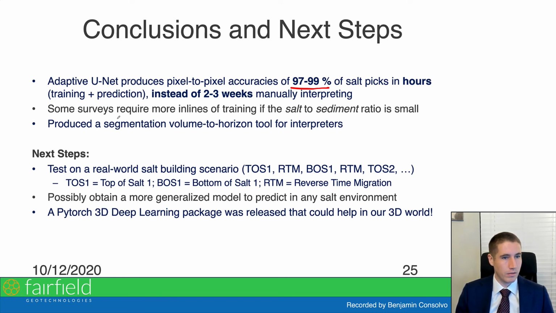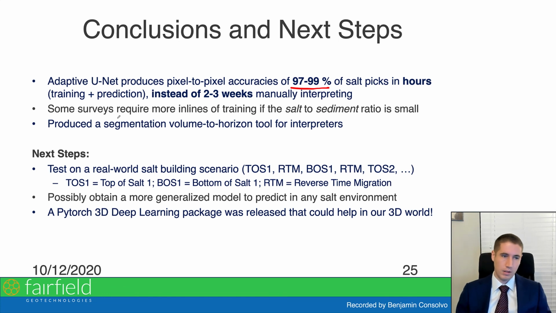Some surveys do require more inlines of training if the salt-sediment ratio is small, as we saw with the OGO dataset. We had less salt to sediment. And I also showed that I produced a segmentation volume to horizon tool for interpreters, so to make it simpler, rather than using a mask of 1s and 0s, converted that to boundaries and horizons.